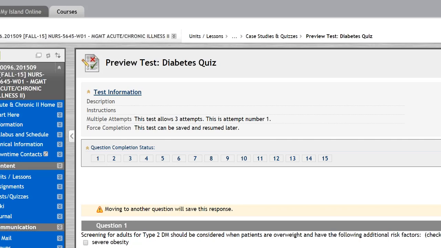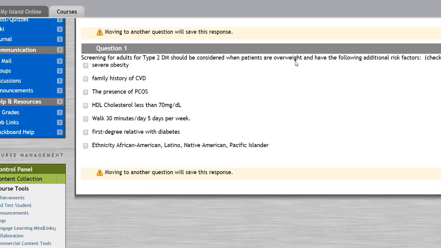Okay, screening for adults for type 2 diabetes should be considered when patients are overweight and have the following additional risk factors. Check all those boxes. Well, overweight, right? What do y'all think? Ethnicity, yes.